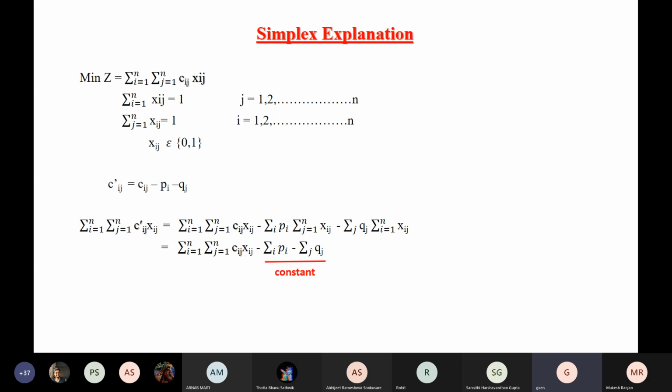Yes, sir. So when we add a constant value to a given row or to a given column, in terms of the optimization problem, the table remains equivalent.